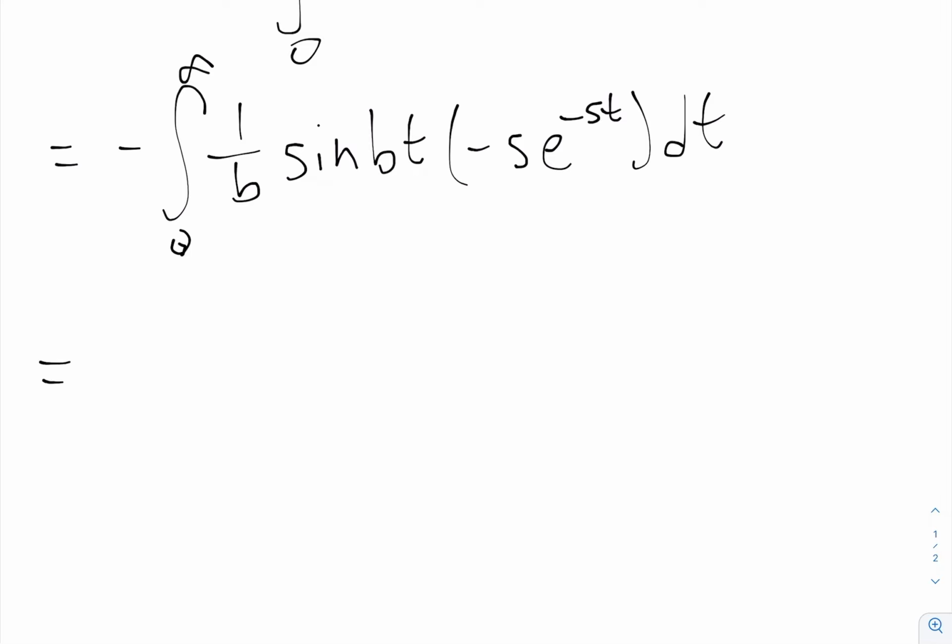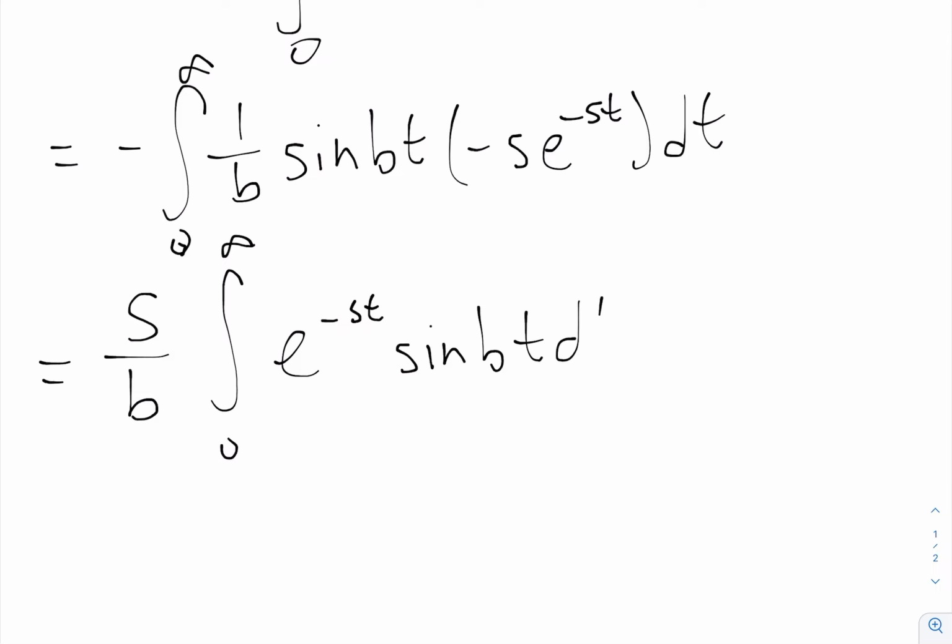Notice how this negative and negative make a positive because everything's multiplying. So it's going to be positive now, s over b, times the integral from 0 to infinity of e to the negative st sine bt dt.